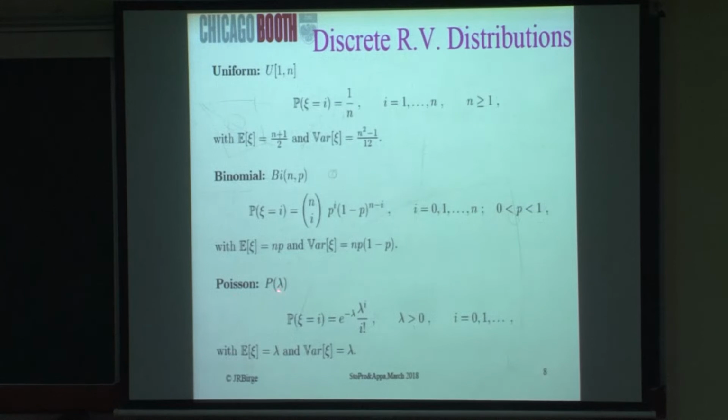So if on average I'll get lambda events between 0 and 1, then the probability that each number of these possible events happens is going to be e to the minus lambda, times lambda to the ith power divided by I factorial.